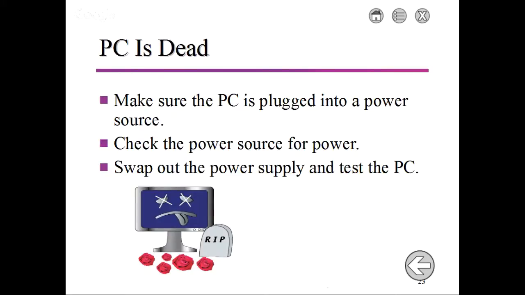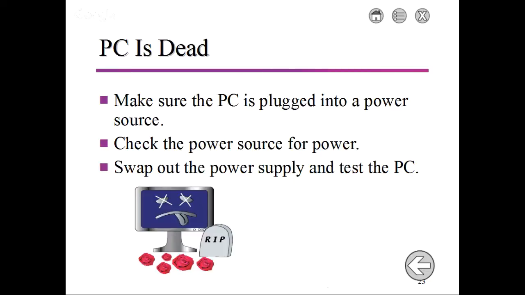Well, if the computer is completely dead, nothing happens, a good place to start is with the power, because of course the computer needs power to do anything. You want to make sure it's plugged into a good power source and getting electricity. But if you know there's electricity getting into the power supply from the wall outlet, then the power supply is the next thing to check.